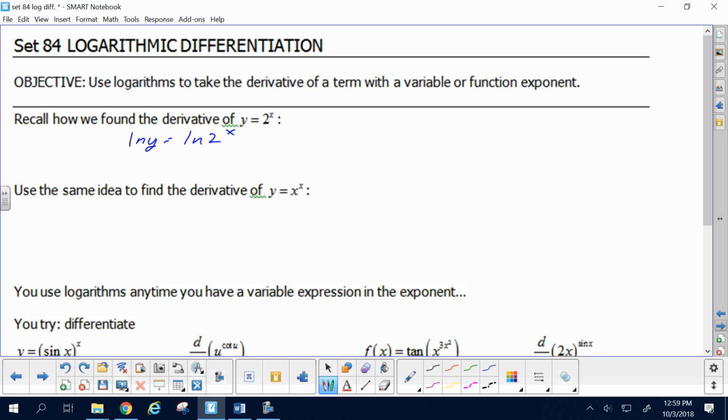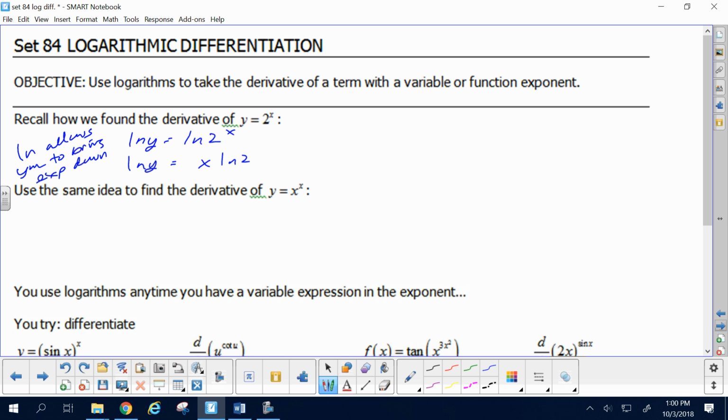It allowed you to bring that x down. That is the name of the game. Log allows you to bring the exponent down. And anytime you have this thorny issue of having a variable in the exponent, you should consider that as an option.